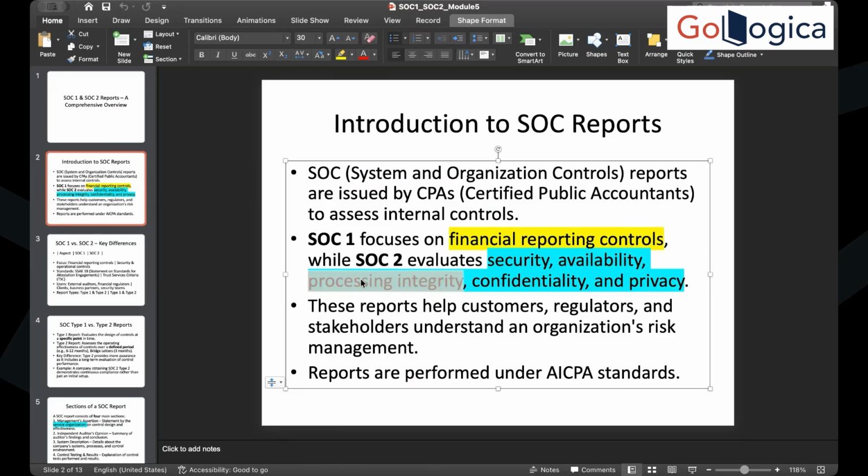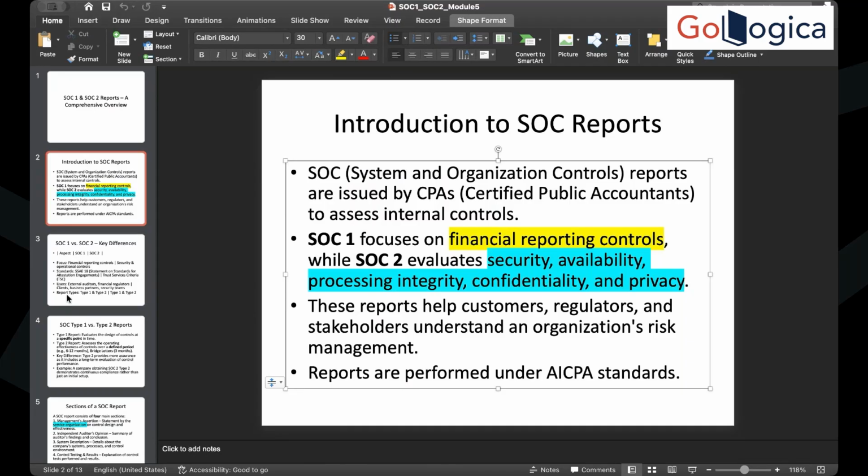Process integrity makes sure that whatever transactions you are doing, it is protecting the integrity. Let's say if I am doing a $100 transaction from my end, it should hit the other account with $100, not a cent less or a cent more. So process integrity is something we don't have at Cisco because we are not a payments company, but the rest of the criteria we do have.